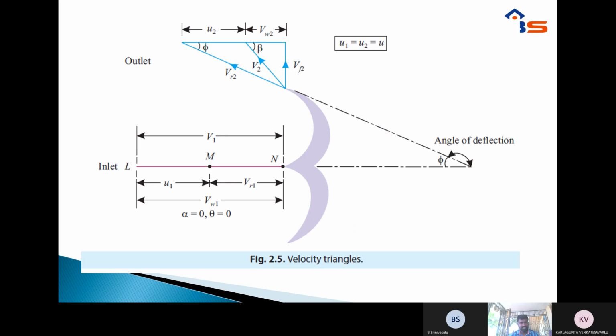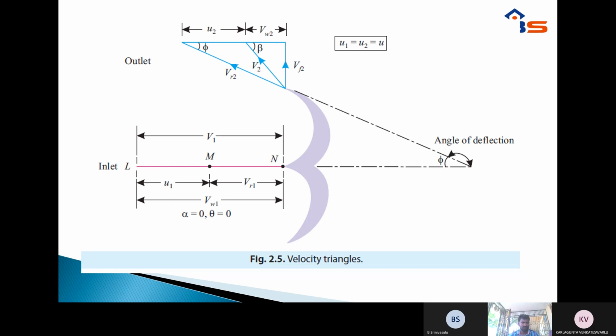Okay, we can draw the velocity triangle of a bucket. This is a hemispherical bucket. The water is entering on this side, and leaving on this side. This is the inlet diagram. This is the outlet diagram.